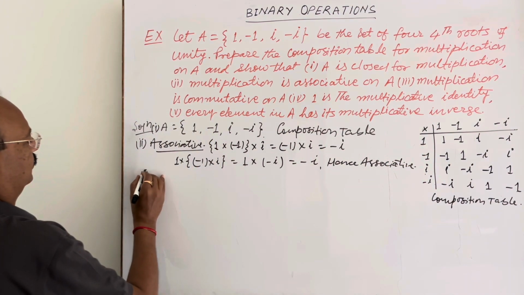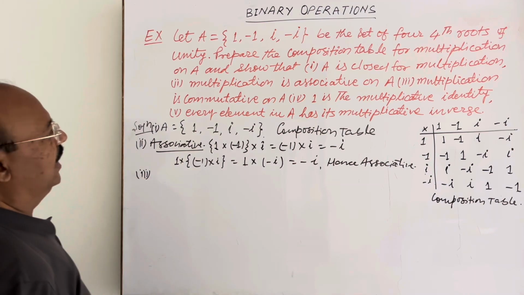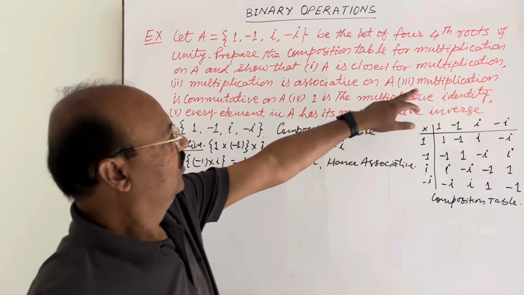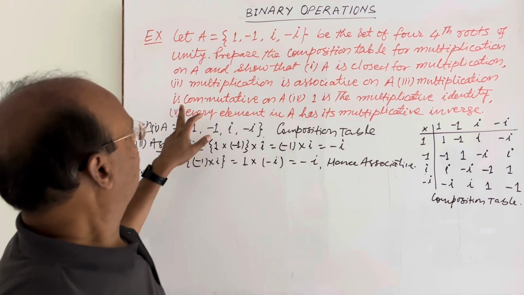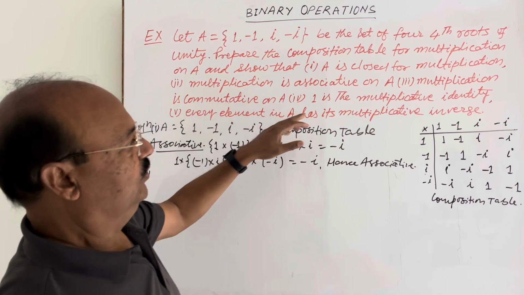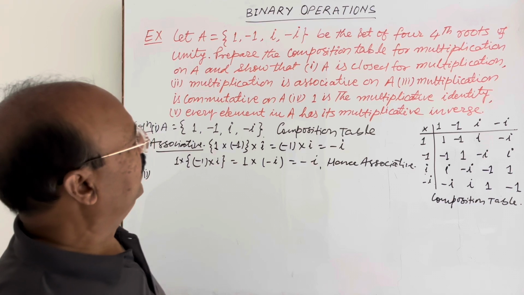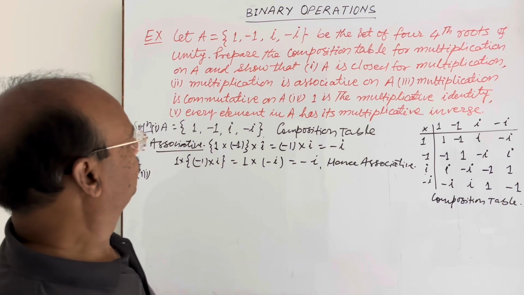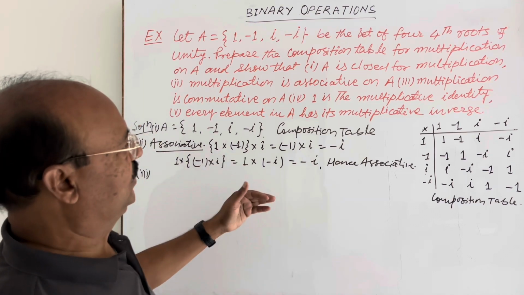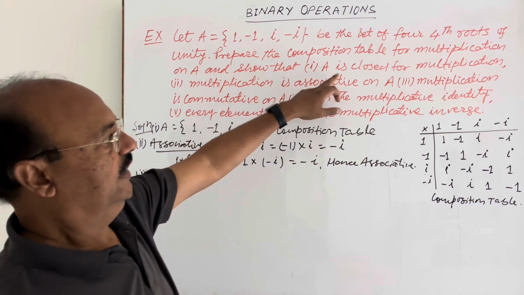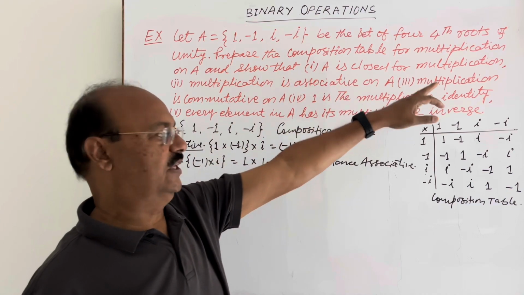Next, third, we have to show that multiplication is commutative on A. One thing we are missing, this first: A is closed for multiplication.